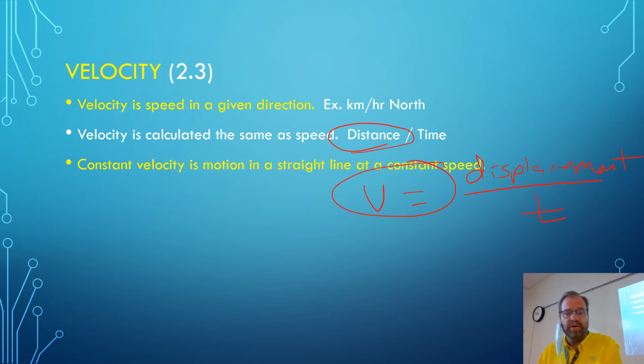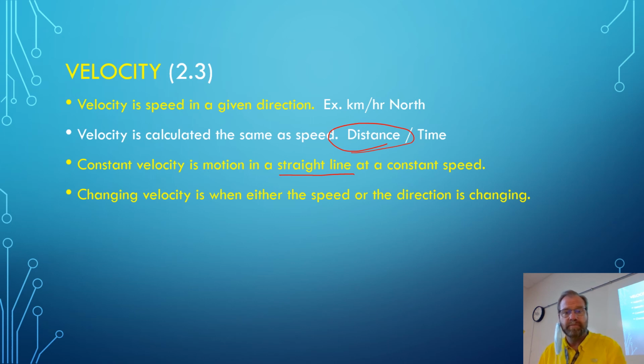Okay, so constant speed could include changing direction, but constant velocity, you cannot change direction and call it constant. So the difference here is that velocity is in a straight line at a constant speed. And so with that said, it's just more redundancy.